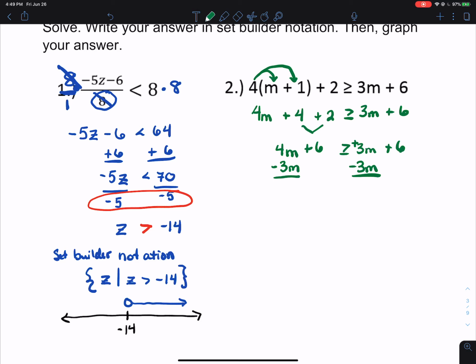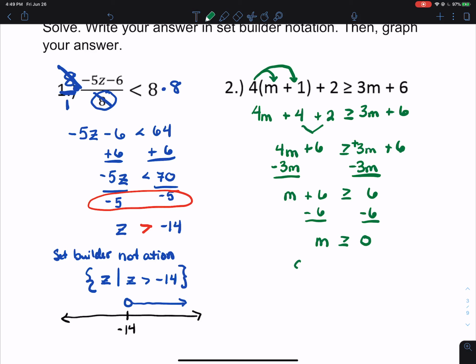Make sure you subtract it from the 4m, that other like term on the left-hand side. So that's going to give me 1m, or just plain old m, plus 6 is greater than or equal to 6, because my positive 3m and negative 3m cancel out. Then I have to get that m by itself, so I undo adding 6 with subtracting by 6, and it gives me m is greater than or equal to 0.